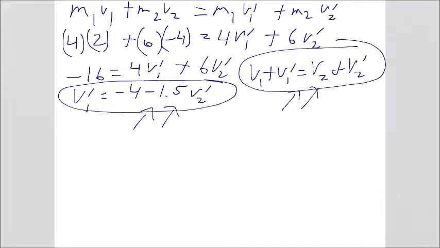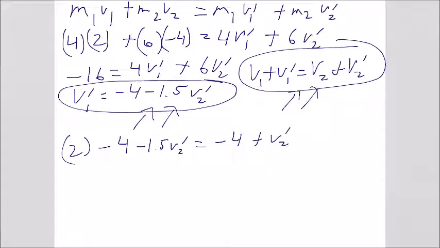We're also going to substitute in our numbers. So our velocity of our original object was 2 plus v1 prime, which we're going to substitute in, negative 4 minus 1.5 v2 prime. And that's equal to v2, which was negative 4, our original velocity of the second object, plus v2 prime.